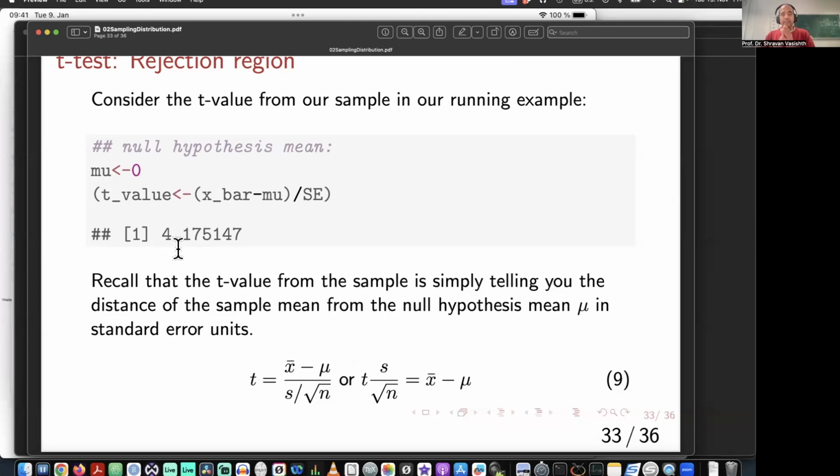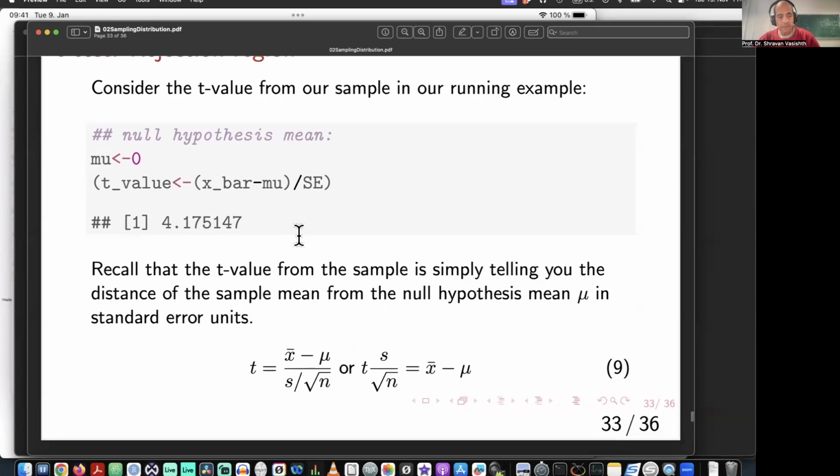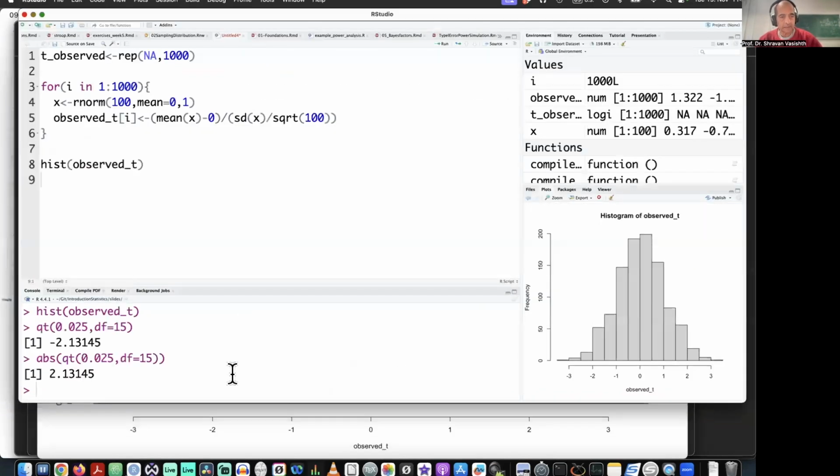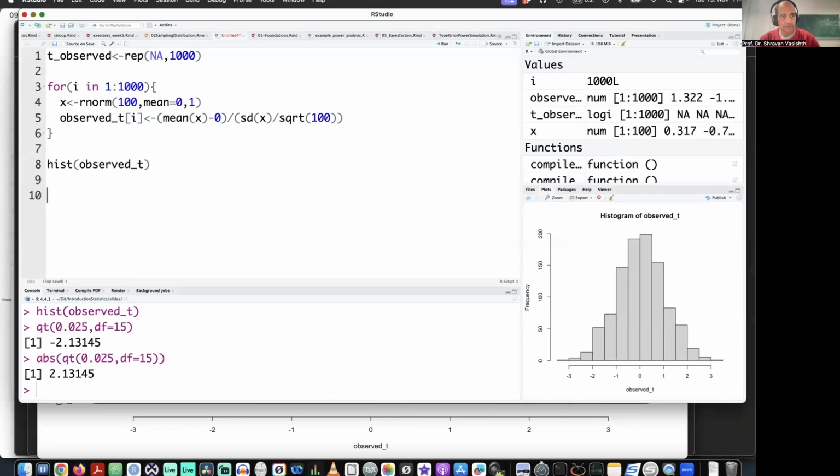4.17 is clearly going to be in the tails of the distribution, right? And how do I know that? Well, if my sample size was 11, how would I find out what the critical t-value is? I'm going to use the quantile function.